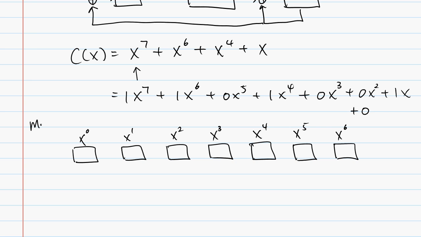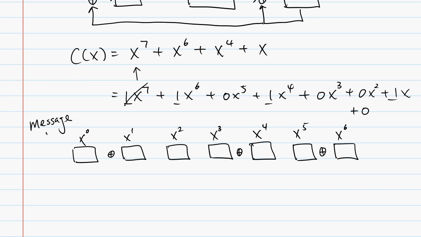Again, our message always comes from the left. Now let's find all the ones in front of our polynomial terms and put an XOR gate in front of those registers. We ignore the x to the 7th, and we put a 1 for x to the 6th, a 1 for x to the 4th, and a 1 for x to the 1st.